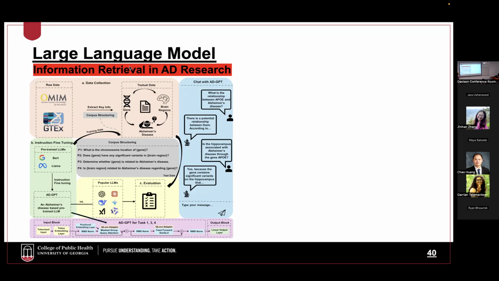We extract key information from these publications, related to AD, brain regions, and genetic information. We focus on 4 different tasks here. We want to identify basic information of the genes, the relationship between the gene and Alzheimer's disease, the relationship between the gene and brain regions, and lastly the relationship among the 3: the gene, Alzheimer's disease, and brain regions.